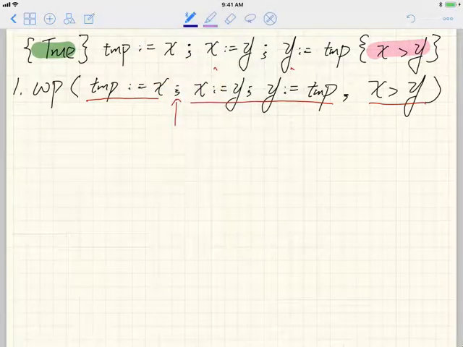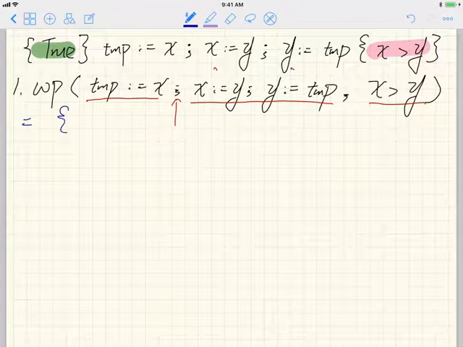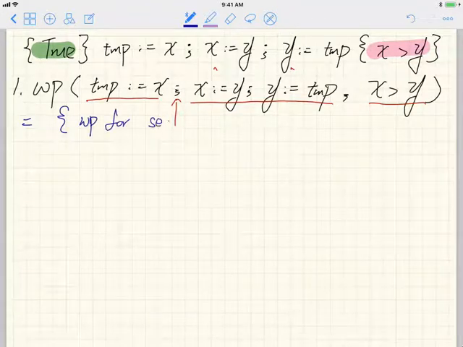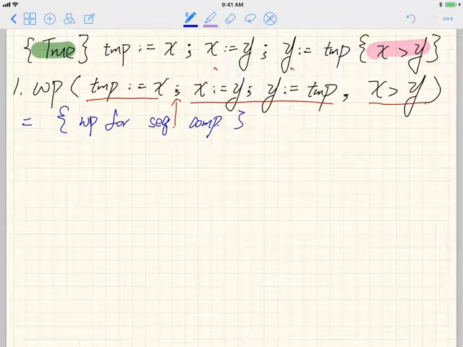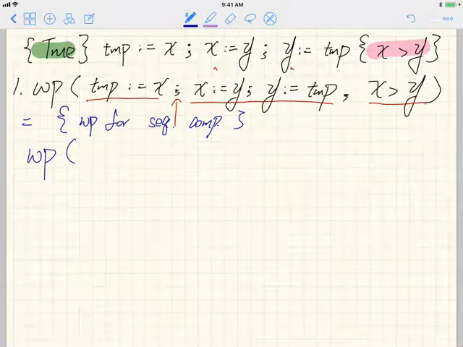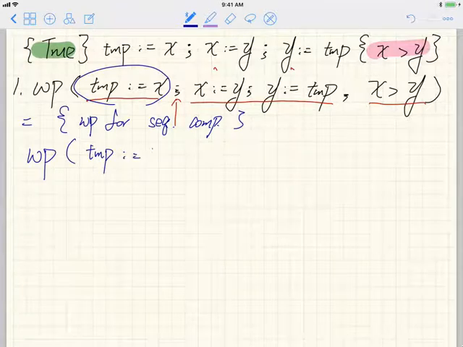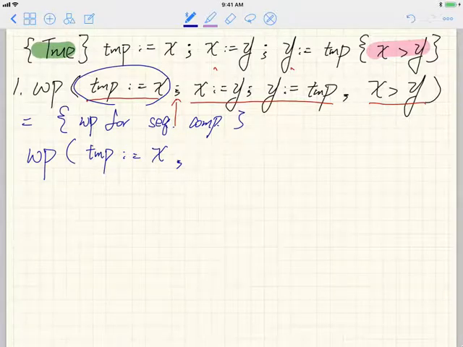Now I will do the equational style. I can give a reason: WP for sequential composition. In this case, I'll get WP over here, the same, and then I have the first stage, which is temp is assigned to x. And then what should be the ending condition for that?